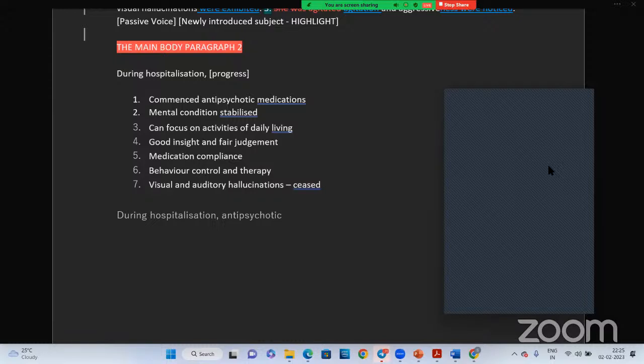Following that, good insight and fair judgment were noticed. Correct. Full stop should be immediately after, no space before the full stop. As well as visual and auditory hallucinations, were ceased. As well as is not fine here. Visual as well as auditory hallucinations.